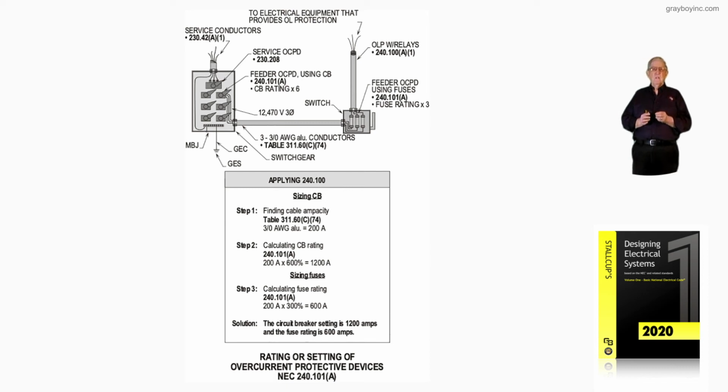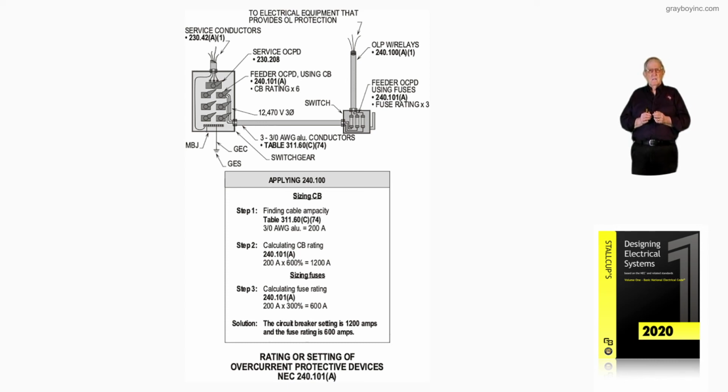Now, step 3, say that you were calculating with fuses, where you were selecting a fuse system, then you would go to 490.21(B), as in boy, and you would get your arrangement of what would have to be provided using fuses, but you could go to 300%, which would be 600.